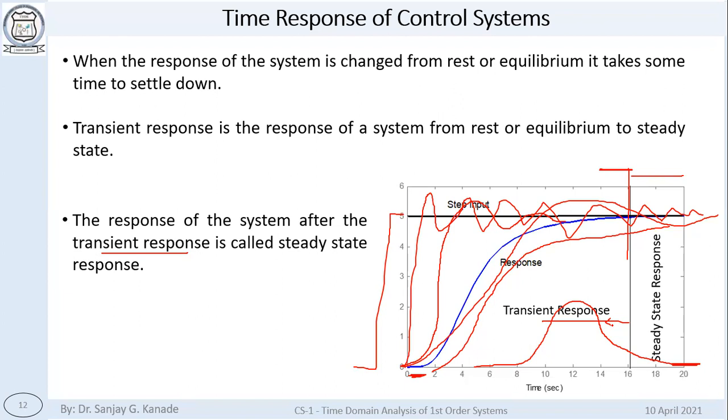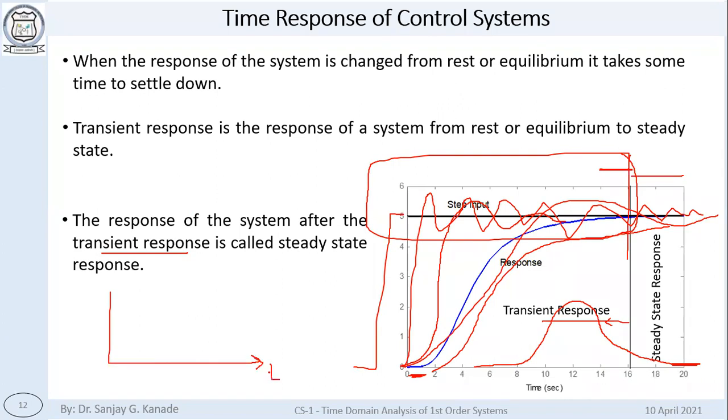This section, the transient response, is very important to study: how the system is going to behave. Because you can imagine, let's say there is a chemical plant, the Serum Institute plant where some vaccines are being manufactured.